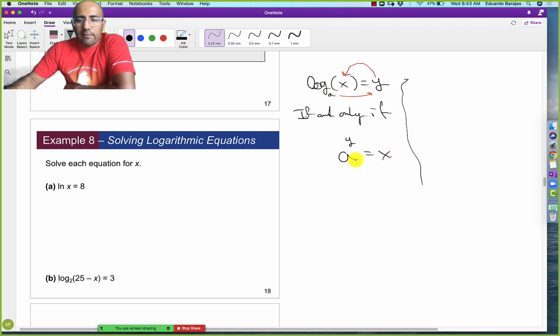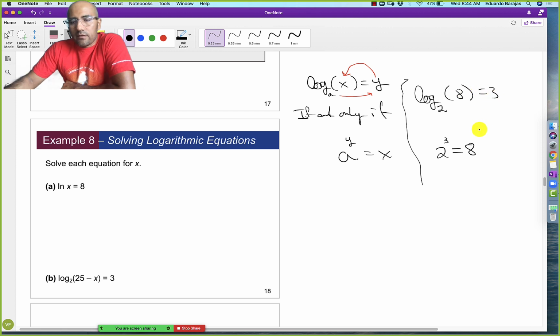If you forget that whole thing, just think of a simple example. 2 to the power of 3 equals 8. So that must mean that if we go backwards, log base 2 of 8 equals 3. Again, 2 to the power of this guy must be that guy. This might be helpful in remembering the property.